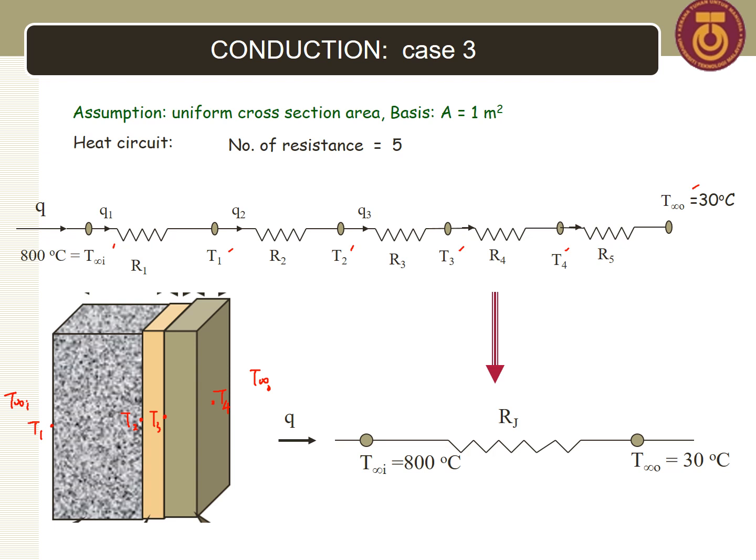And this overall system can be simplified into this, because the temperatures given are only T infinity in and T infinity out. And we know this is a series system, because heat needs to pass through layer 1, after that layer 2, after that layer 3.